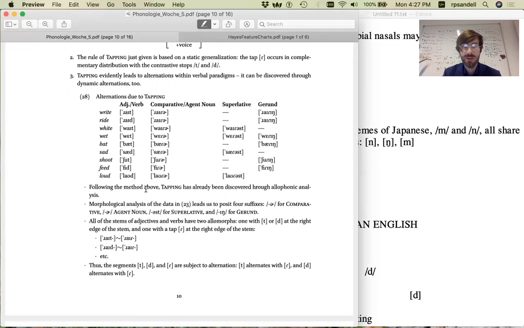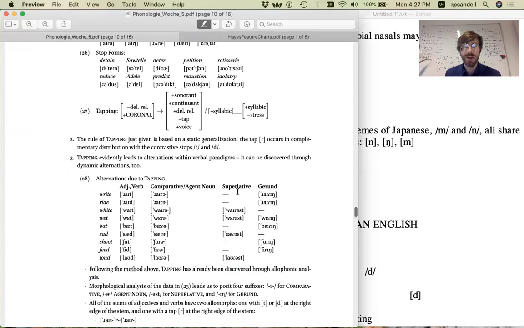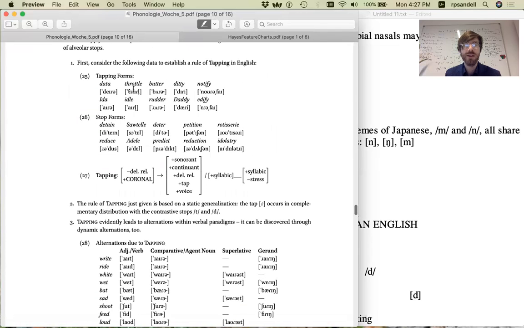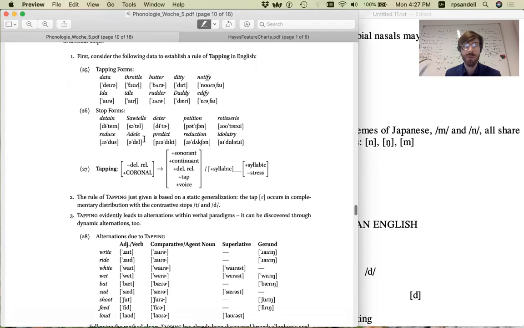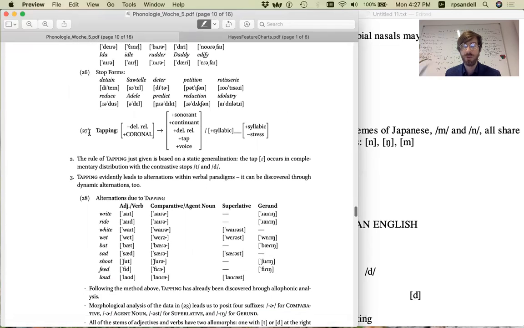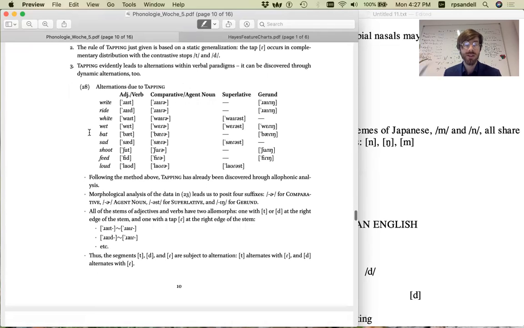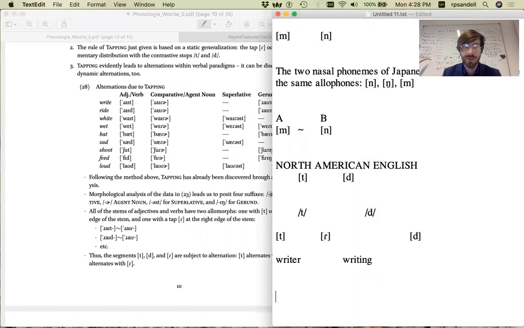So by following the method which I just laid out at the beginning of 3.2, we've already essentially discovered tapping using allophonic analysis. We find that the tap and the stop are in complementary distribution, and the rule in 27 explains where the tap occurs. When we conduct some morphological analysis of the data in 28, that leads us to posit 4 suffixes. So I'll list the suffixes over here as well.